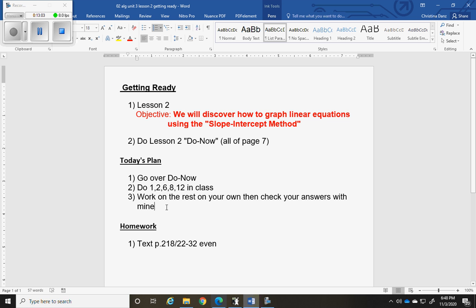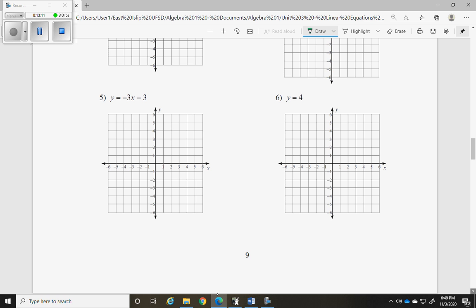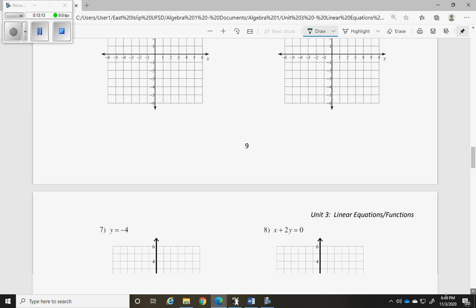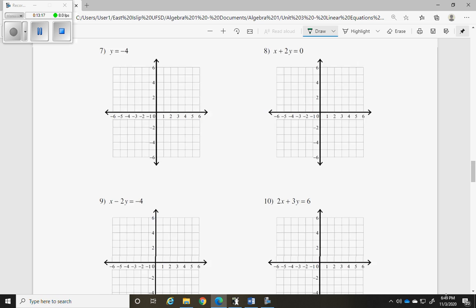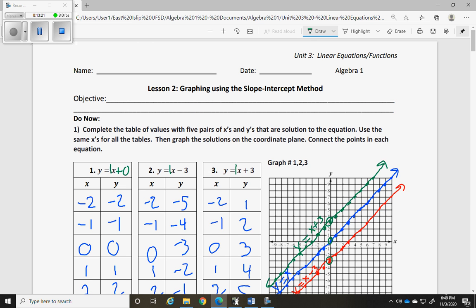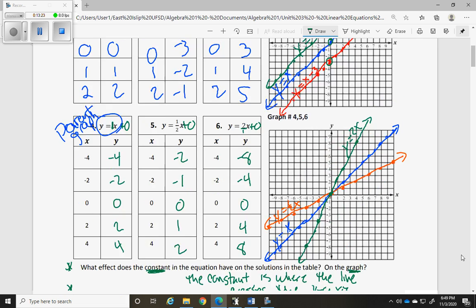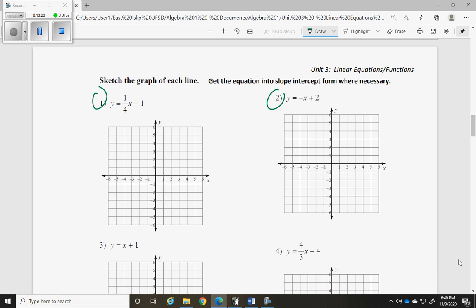I want to do 1, 2, 6, 8, and 12. And then you're going to do the other ones without me, but I will provide you with the answer.